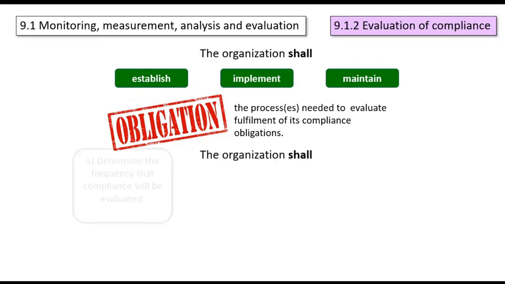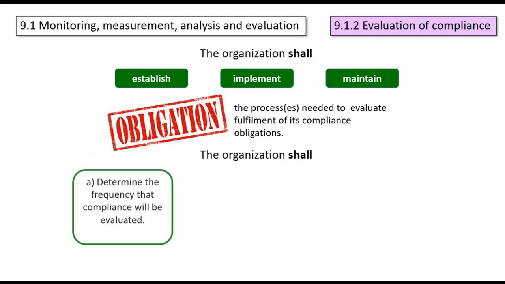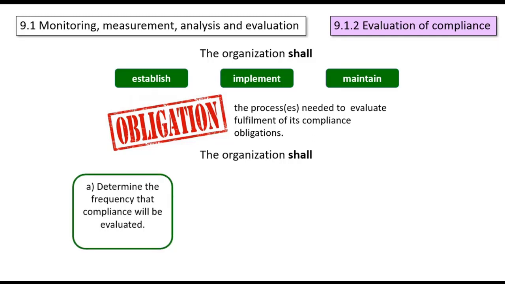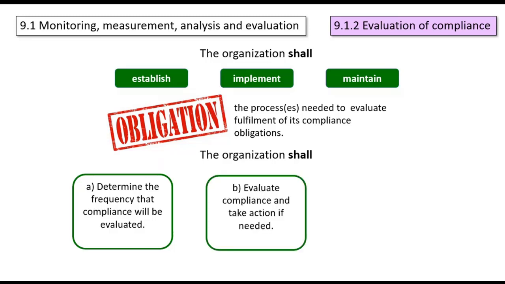Okay, therefore the organization should determine the frequency at which compliance will be evaluated. How frequently do you evaluate whether you follow the regulation or not? Is it monthly, twice a year? Is it annual? Okay, and then what action is taken after this compliance evaluation has been conducted?